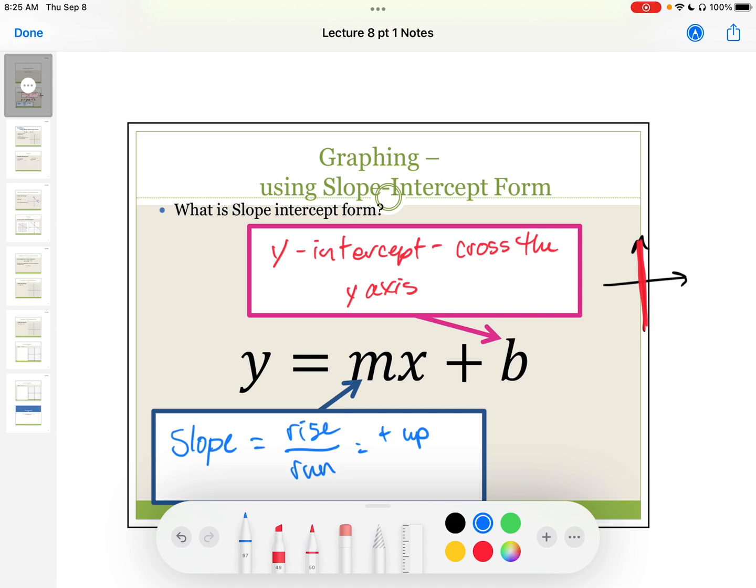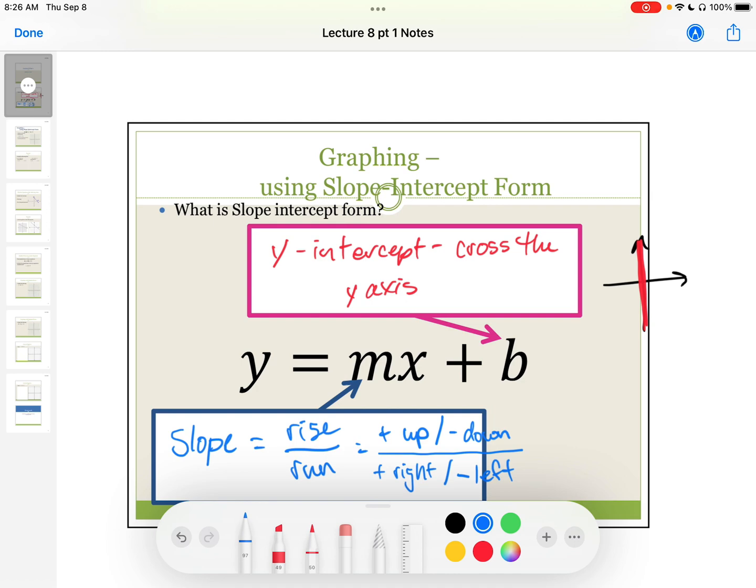If that top number is negative, then we are going down. So positive on top means up. Negative on the top means that we are going down. Okay, now for our run on the slope, if it's positive, remember we are going to the right. And if it is negative, we are going to the left.